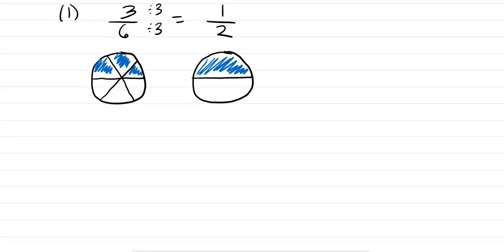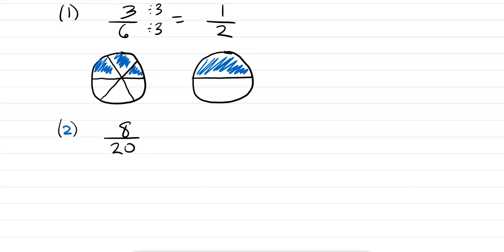Let's try another example. Say I gave you 8/20. So again, we're looking at simplifying this or reducing it by dividing. So we're looking for a number that I can divide both 8 and 20 by. So one quick tip is that even numbers can always be divided by 2.